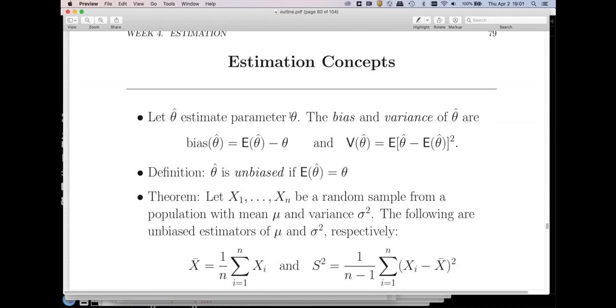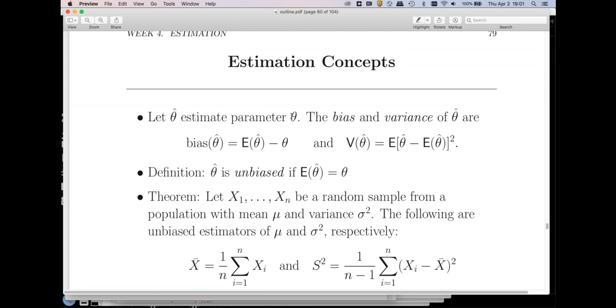Now you can plug in any specific estimator. For example, you could say let x bar be an estimate of parameter mu, or let s squared be an estimate of parameter sigma squared. But in general, we're just going to refer to the estimator as theta hat and the parameter that's being estimated as theta.